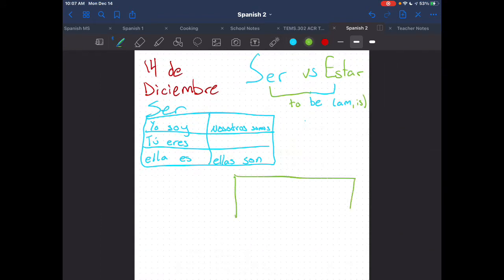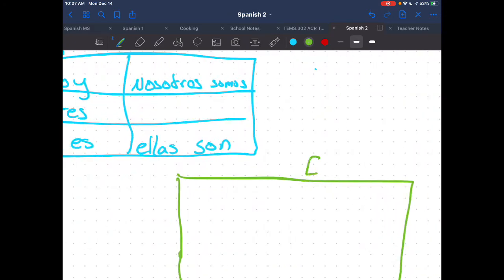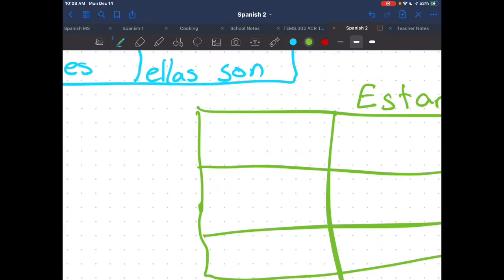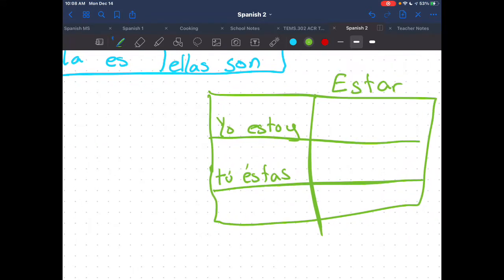Put it over here. All right, so we have yo estoy, tú estás, ella está.